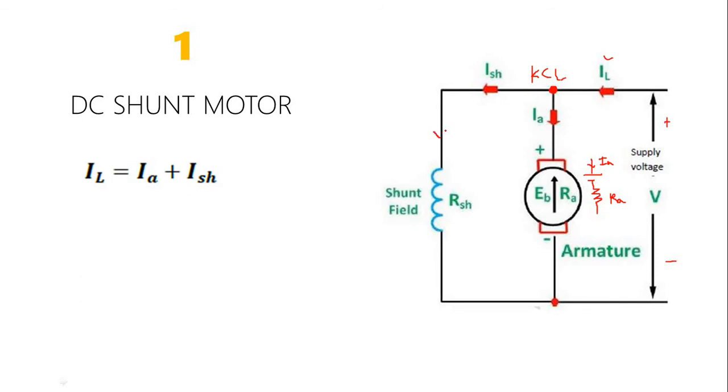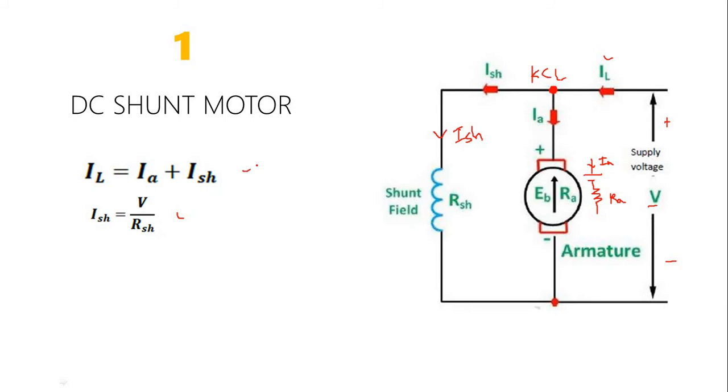Similarly, ISH is the current flowing through the shunt field winding. As I told, the voltage across a parallel combination is the same, so the voltage across the shunt field winding is V. So I can write ISH equals V divided by RSH. I hope the current relations are clear.